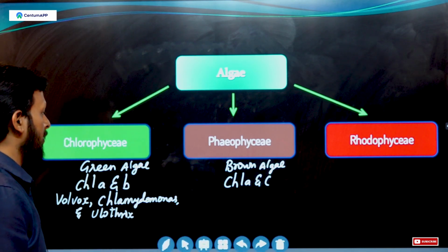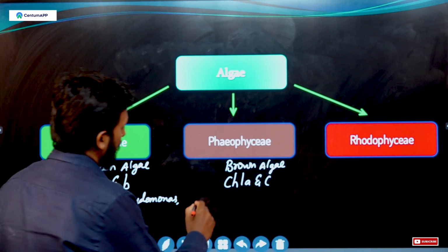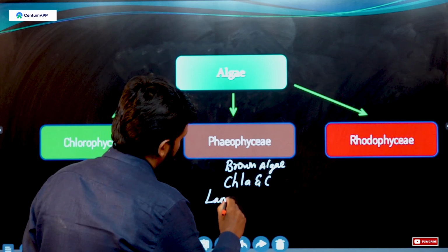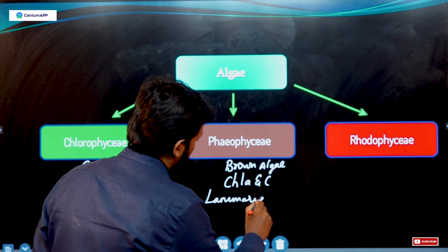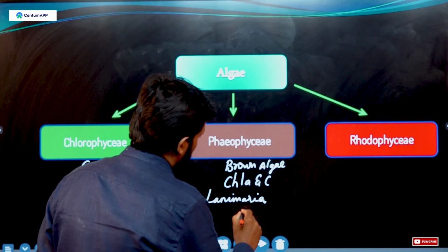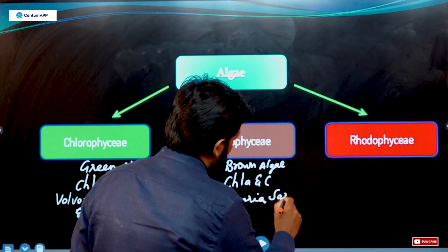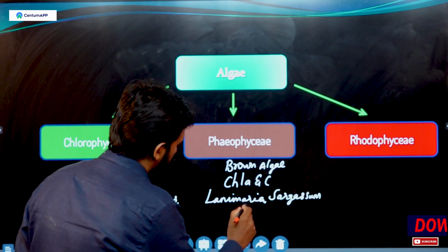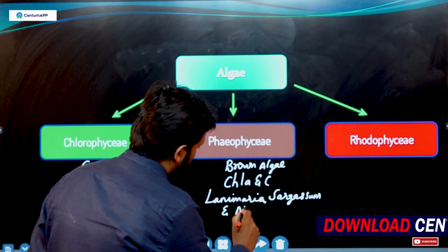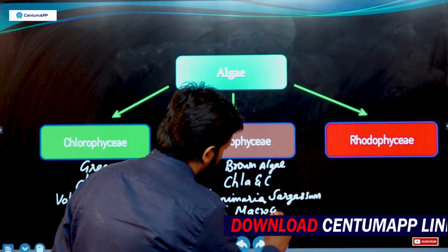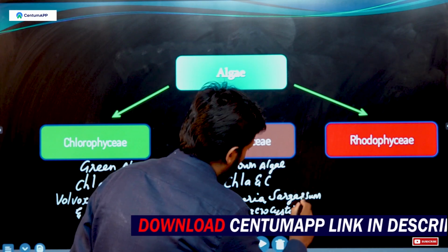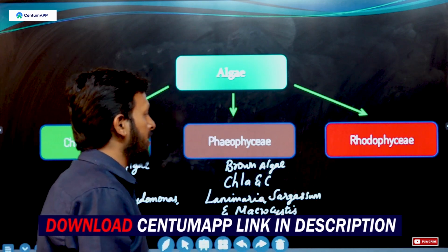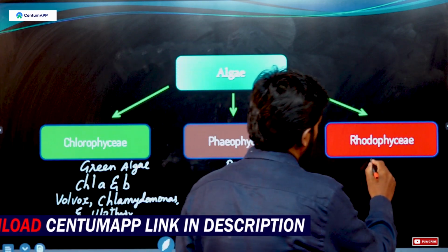What are the examples of phaeophyceae? Laminaria, Sargassum and Macrocystis. And then rhodophyceae, which we call red algae.